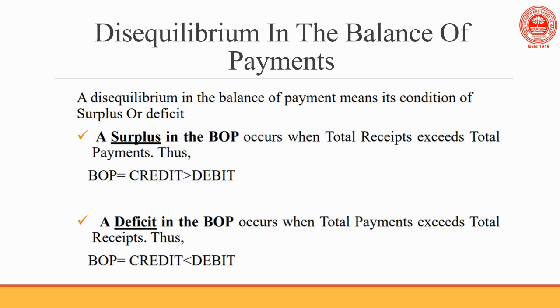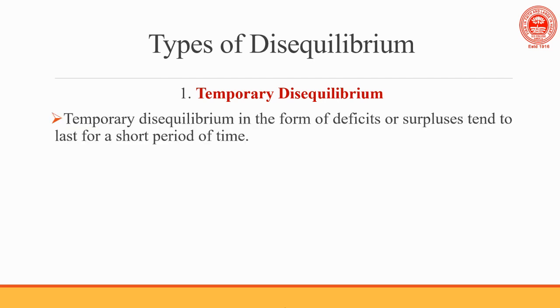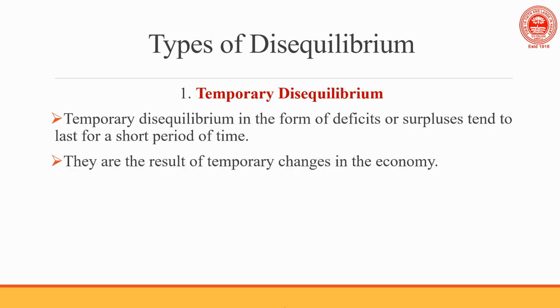Now, let's talk about the different types of disequilibrium that may exist in an economy. The very first type of disequilibrium could be temporary disequilibrium. Temporary disequilibrium can be in the form of deficits or surpluses, and it tends to last for a short period of time. These are actually a result of some temporary changes in the economy.